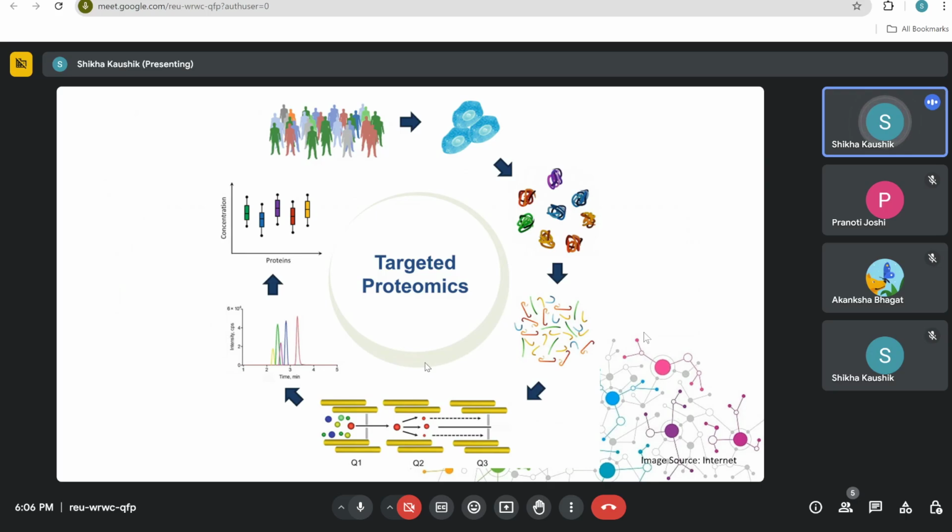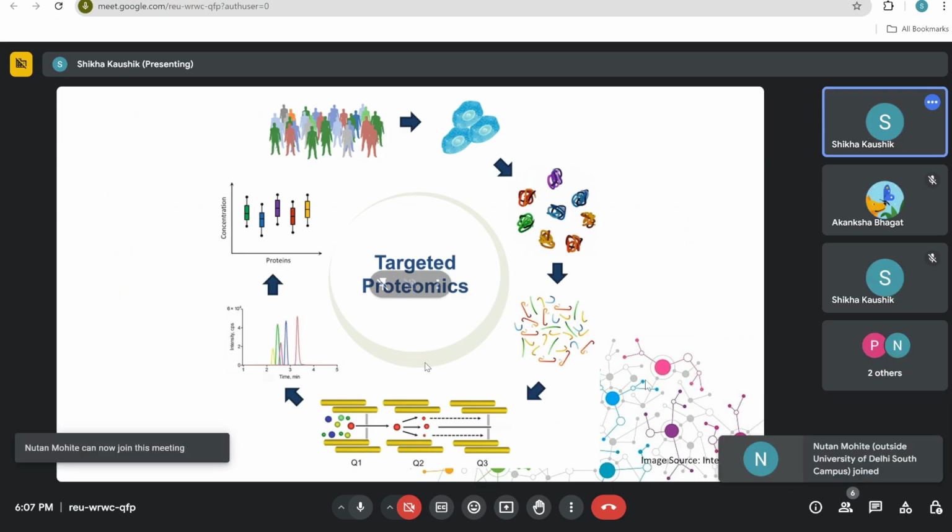Then we do targeted proteomics because we are aware that we have to focus on this particular type of protein or family of protein specifically. So here you have a more targeted approach, right?